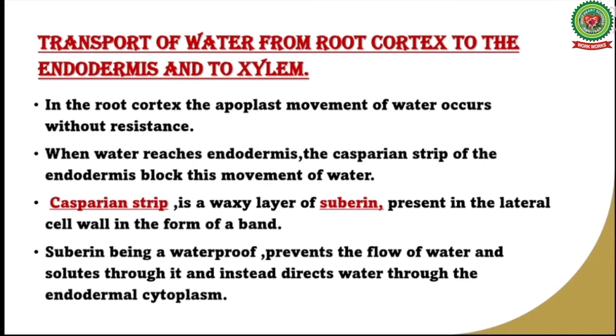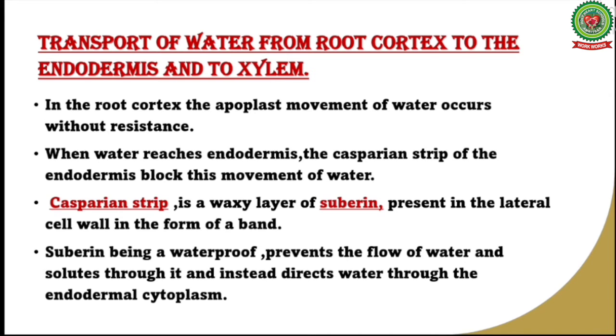Next, discussing transport of water from root cortex to the endodermis and to xylem. In the root cortex, the apoplast movement of water occurs without resistance. When water reaches endodermis, the Casparian strip of the endodermis blocks this movement of water.